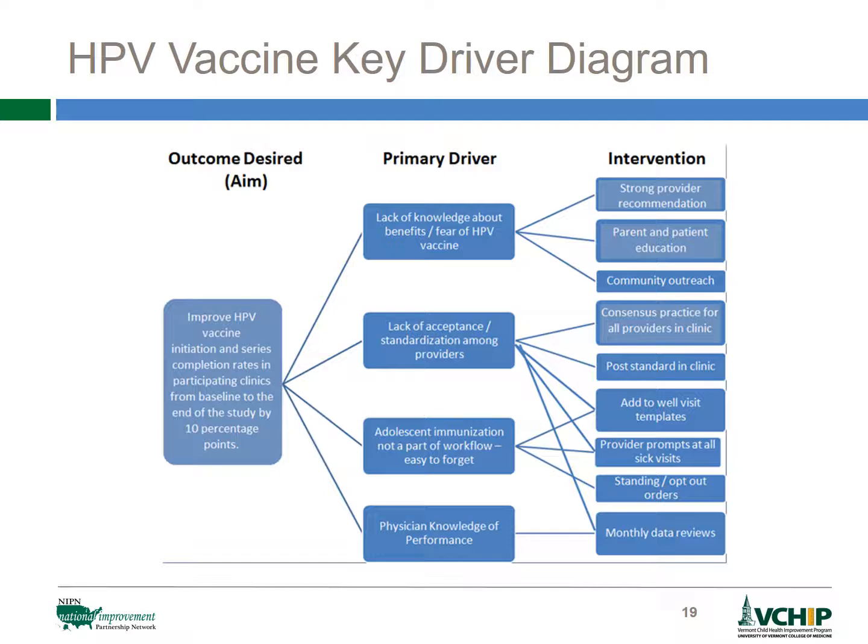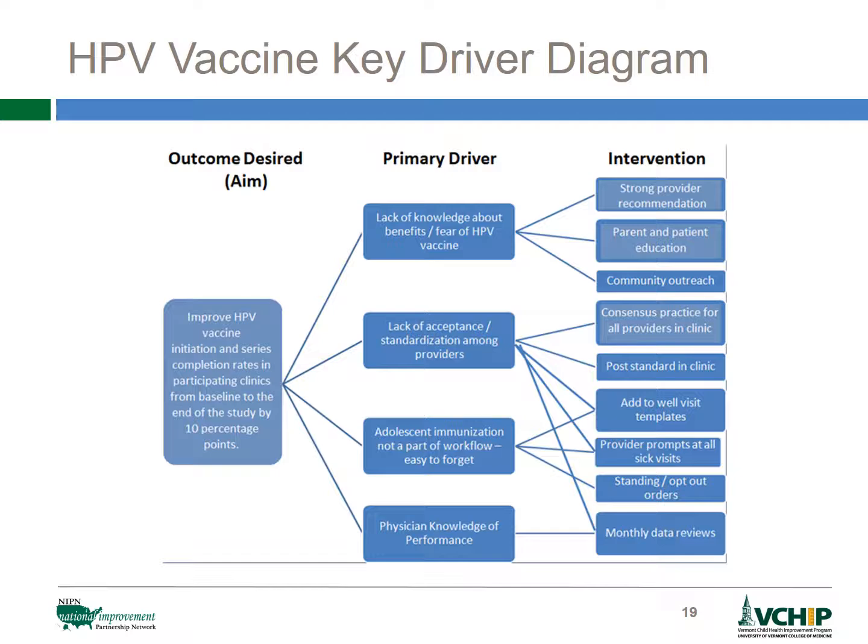So the primary drivers we identified for this work were a lack of knowledge about the benefits in the public or fear about HPV vaccine, lack of acceptance or standardization among providers in offering HPV vaccine. Adolescent immunization is not a part of workflow. It's easy to forget. And finally, physician knowledge of performance in terms of HPV vaccine.